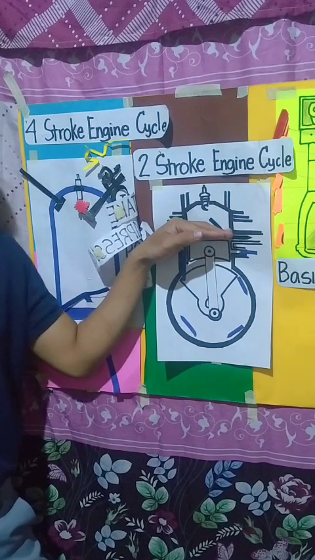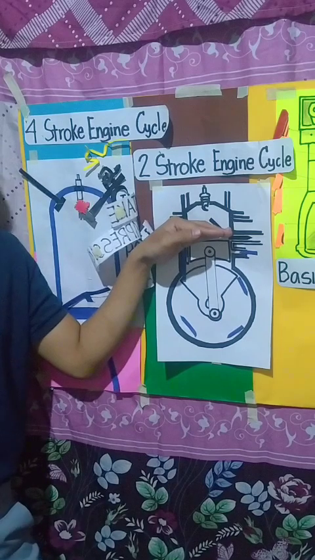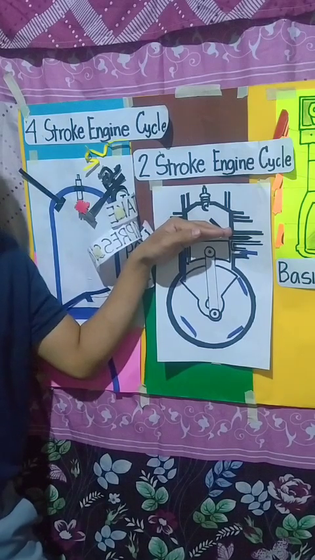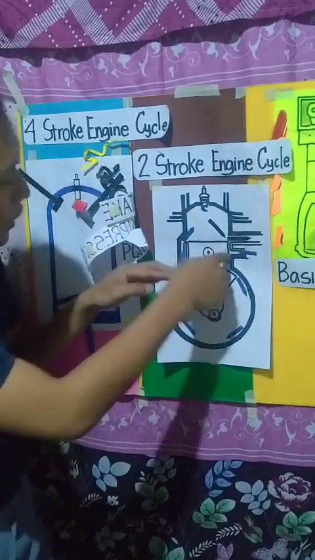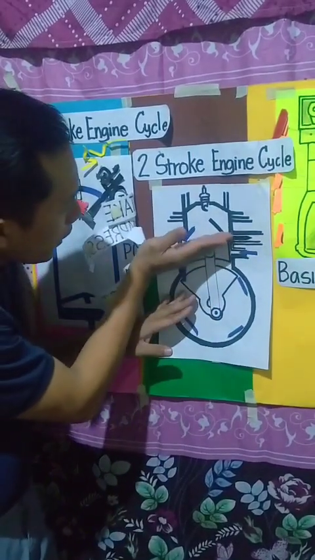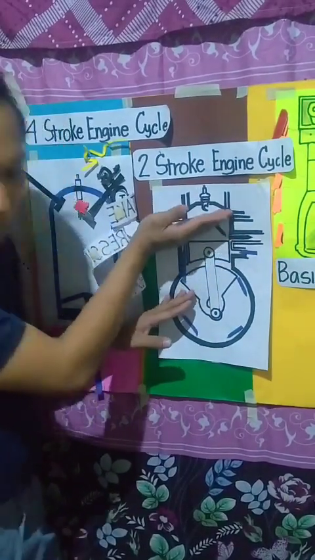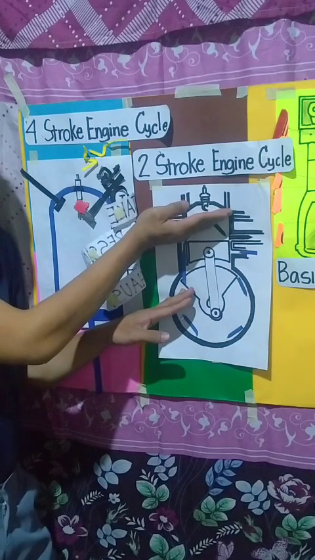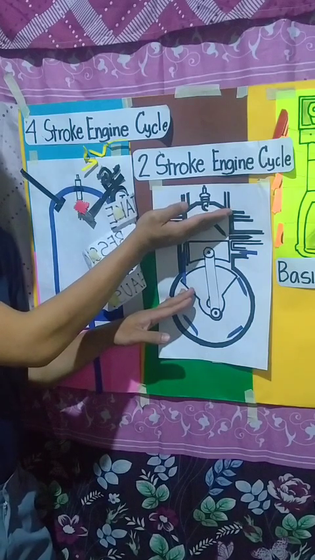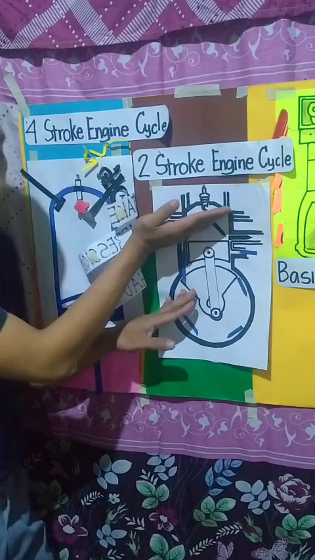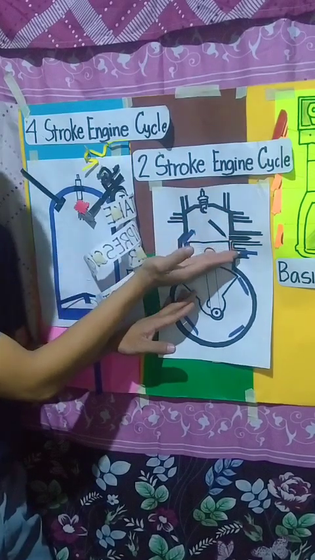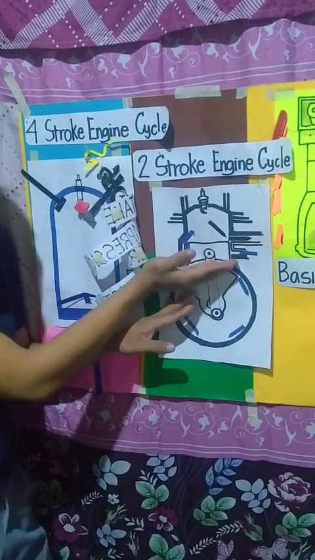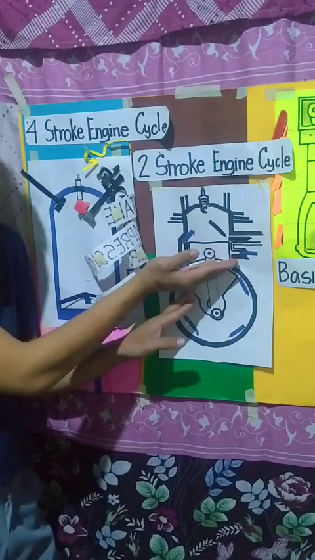Stage 2 is the power and exhaust. The piston is moving upward, and then the spark plug ignites the compressed air fuel mixture, generating power that pushes the piston downward. Next is the exhaust.